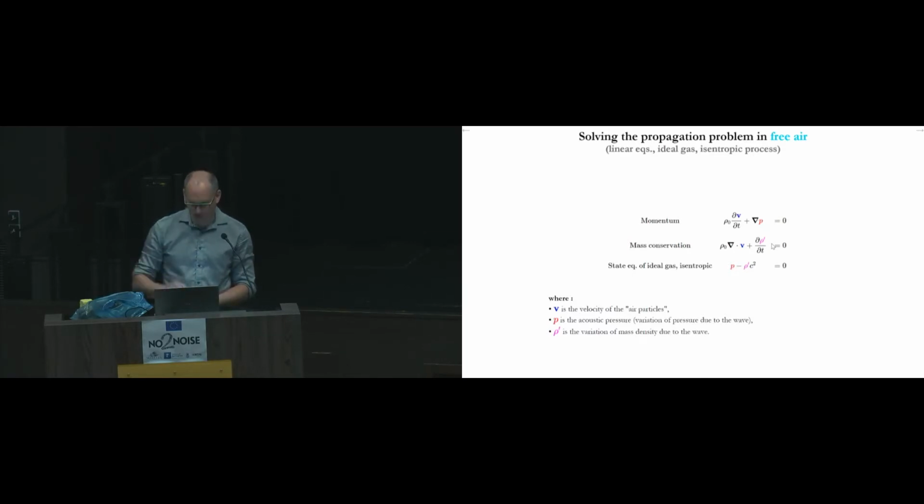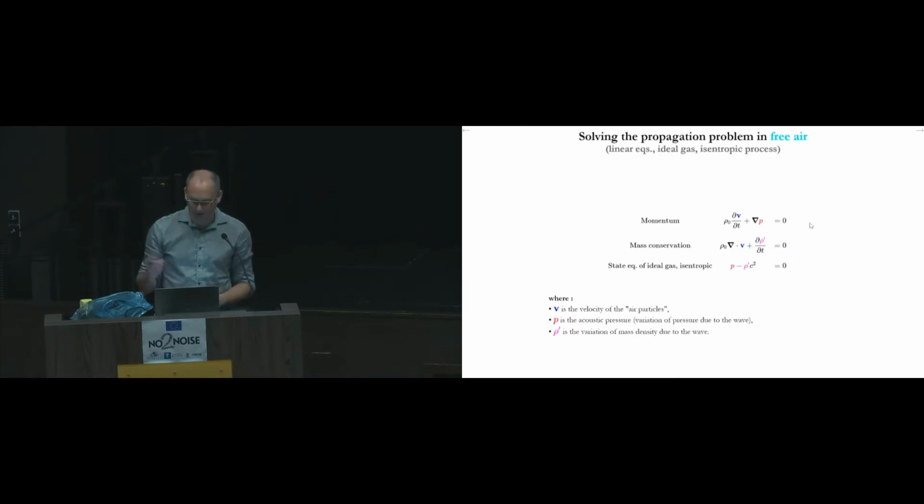We have a mass density rho zero, the mass density of the fluid at rest, so 1.2 kilogram per cubic meter. But when the waves come, as we have seen in the previous slide, we have some modification of this mass density, and this is rho prime.